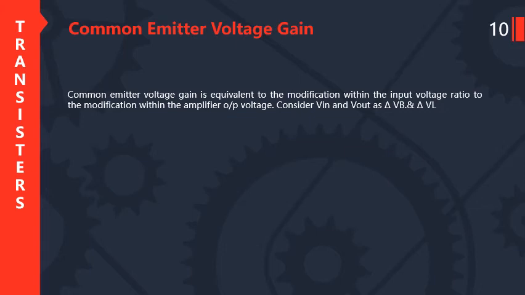Consider Vin is called the input voltage and Vout is called the output voltage, as delta VB and delta VL. Delta VB is called the base voltage and delta VL is called the load voltage.